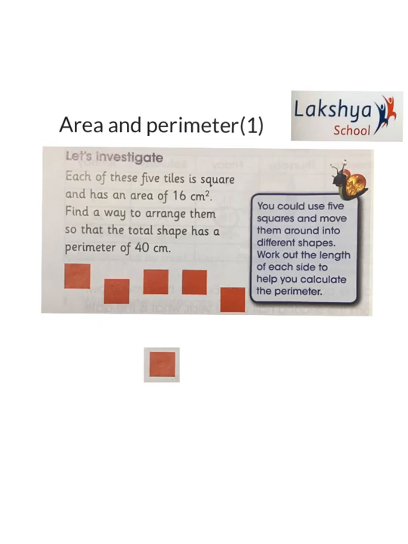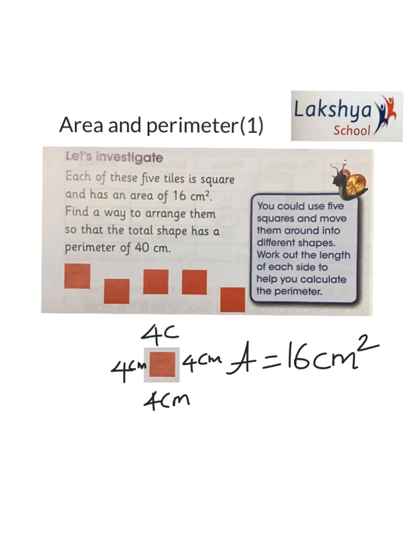So we already know the area is 16 centimeter squares. So what do you think each side would be? Each side would be 4 centimeter, which makes the area of each square tile 16 square centimeter.